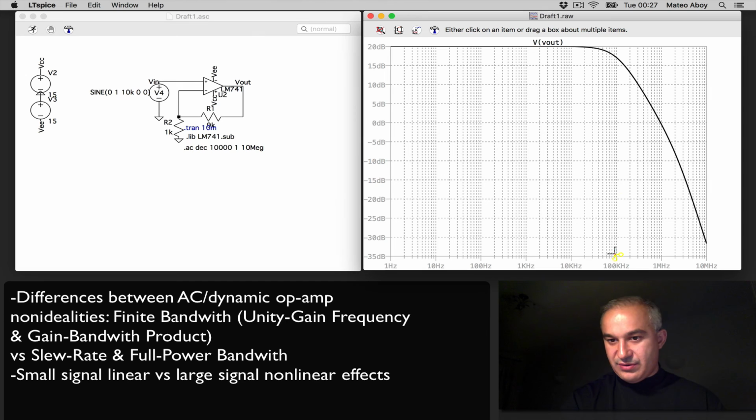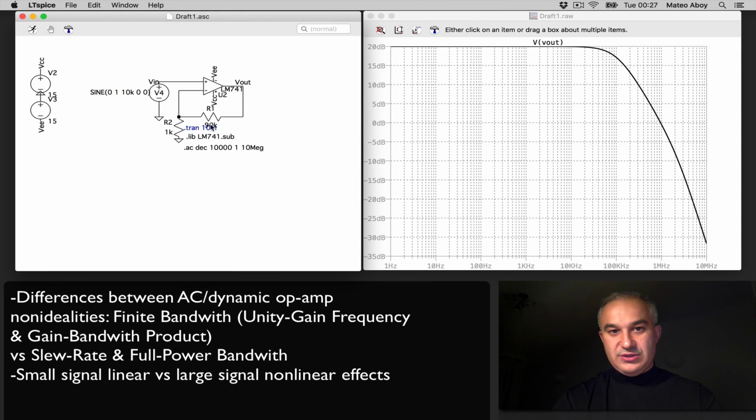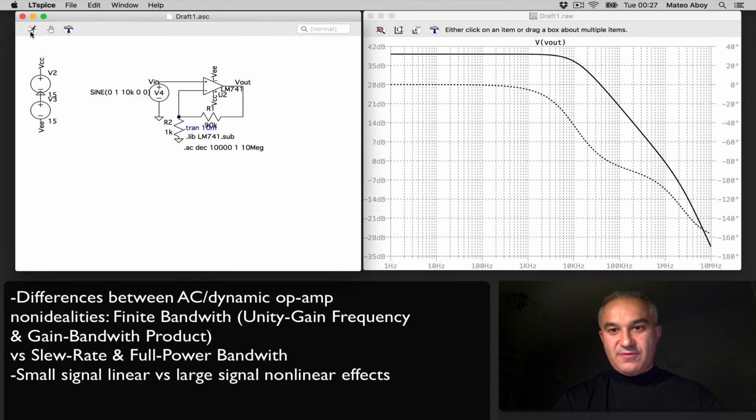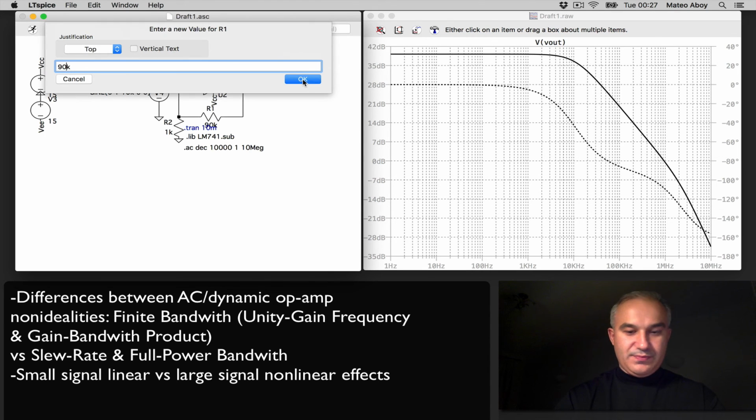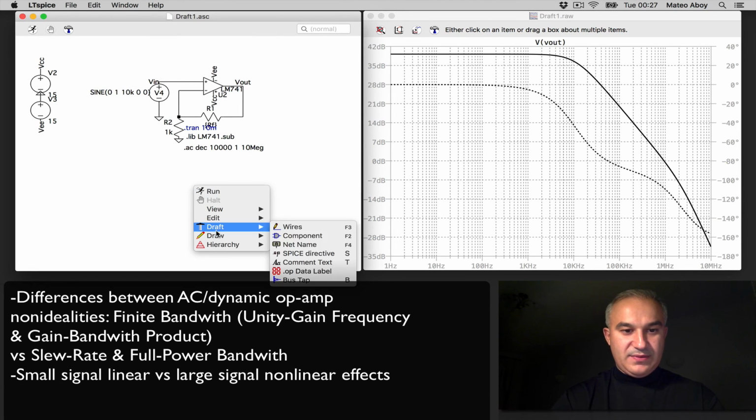Now we are here. If you increase it further, instead of 9K you put 90K, it's going to be reduced even further. Let me just show you by defining a parameter RF and doing a parameter sweep.